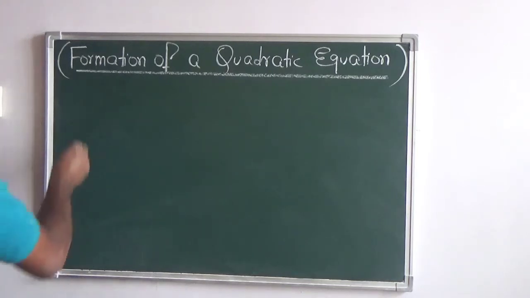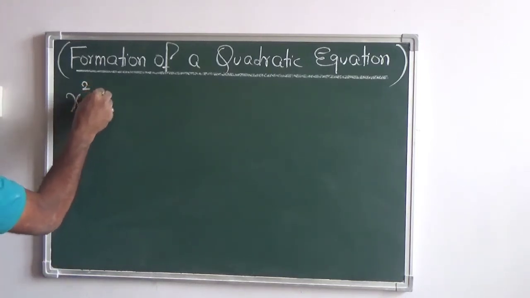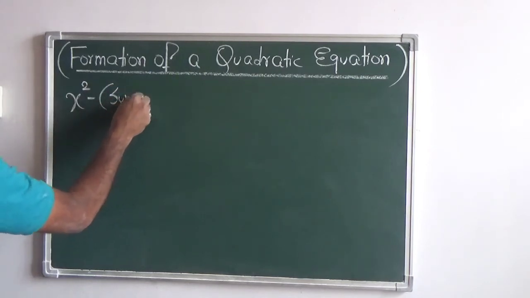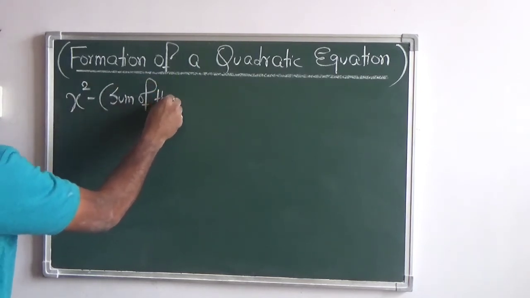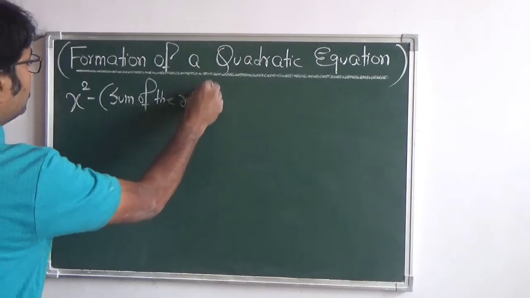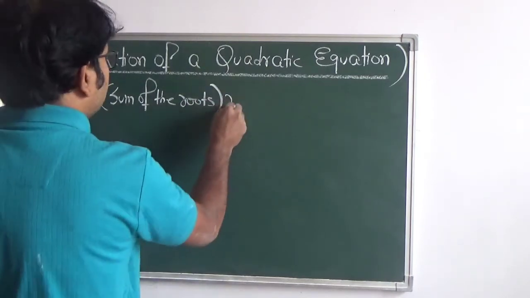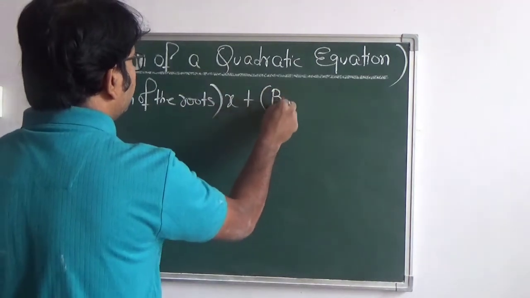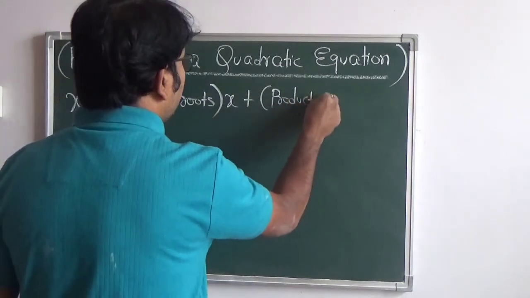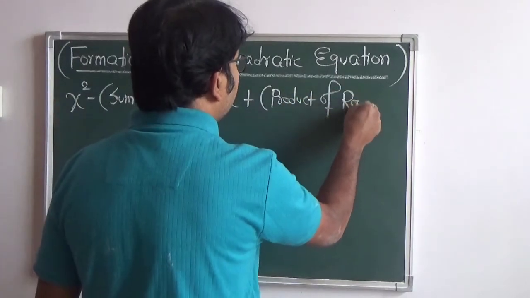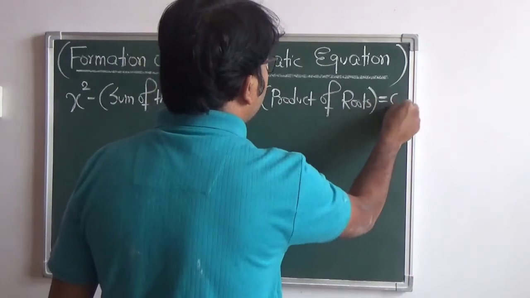Then it is given by x square minus sum of the roots multiplied by x plus product of the roots, and that is equals to 0.